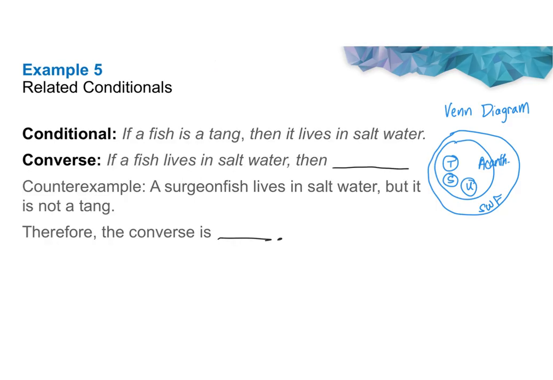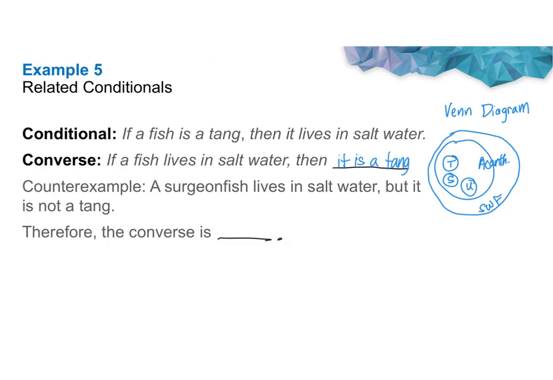So the first related conditional we're going to find is our converse. And remember, a converse is going to flip the hypothesis and conclusion. Hypothesis being that the fish is a tang, conclusion that it lives in salt water. So we're going to start with, if a fish lives in salt water, then our conclusion is that it is a tang.